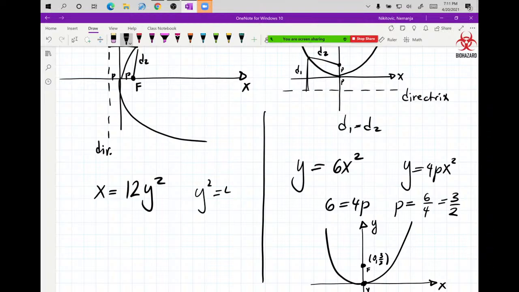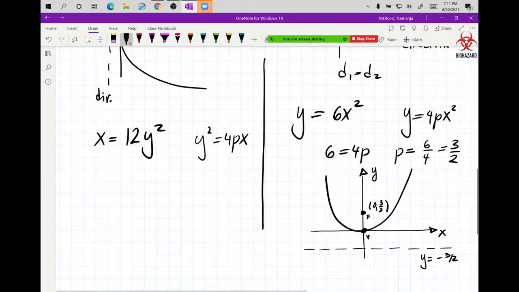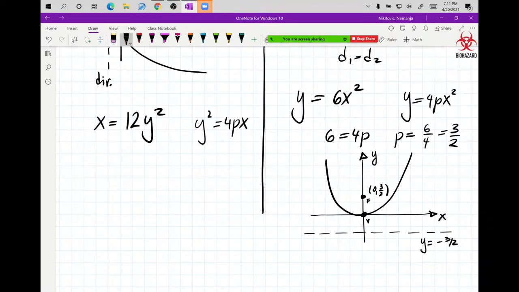Y squared is equal to 4px, there we go. Now, your y squared is equal to x over 12, so 4p is equal to 1 over 12.